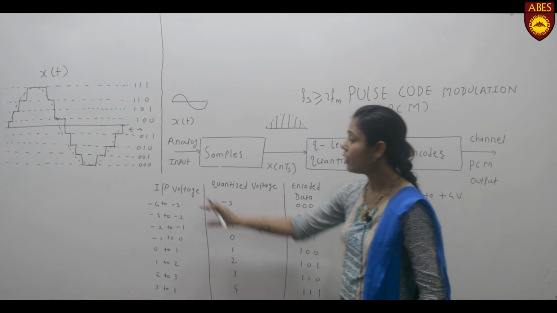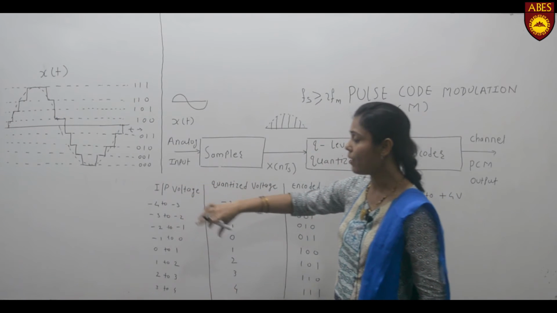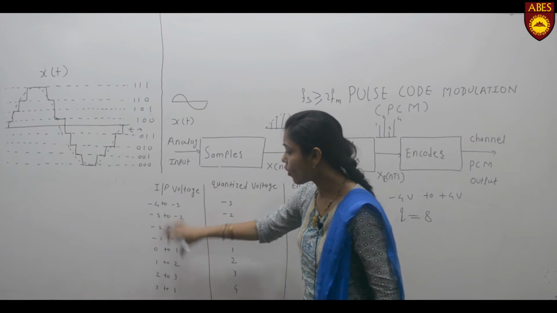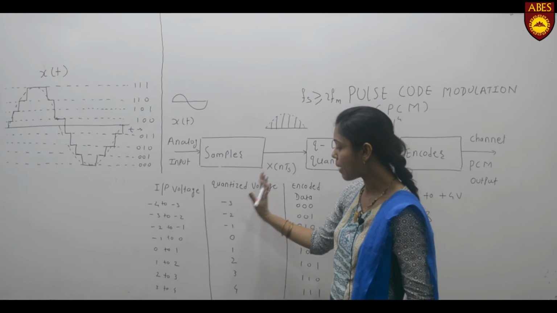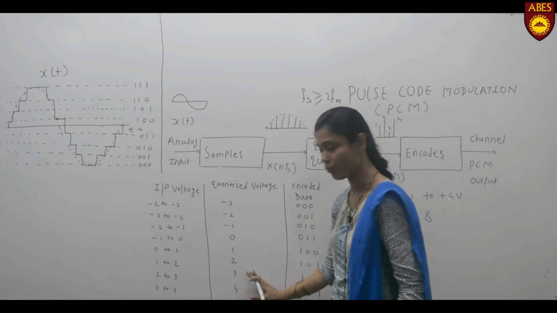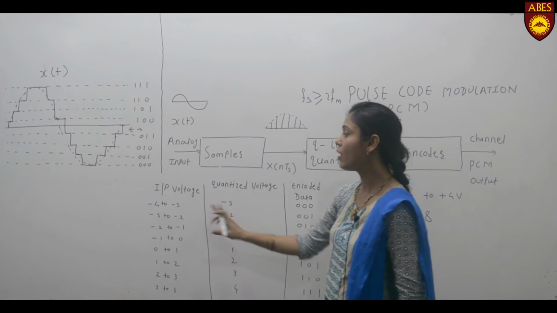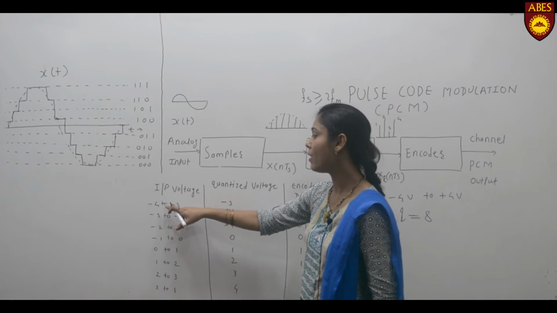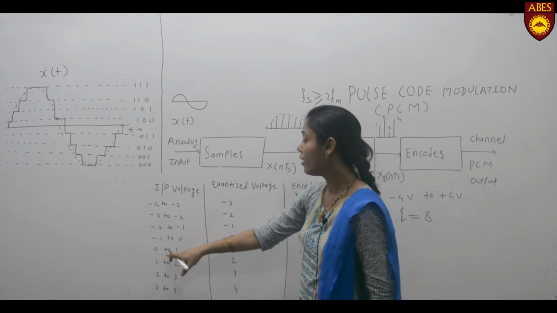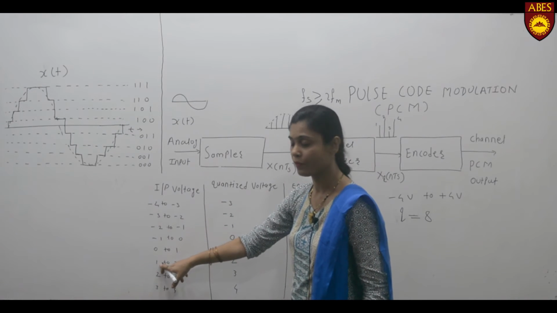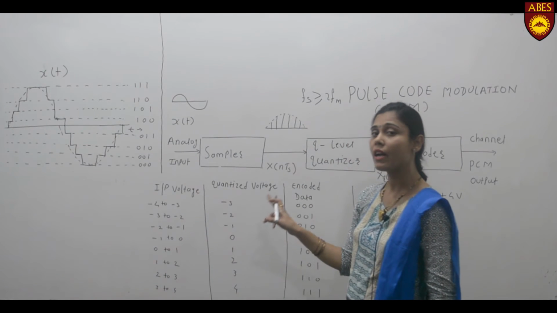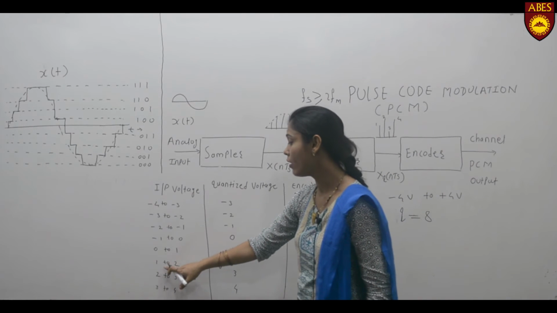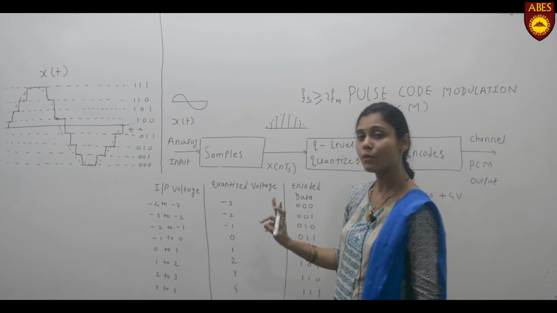So if any sample lies in any range, all these sample voltages are approximated only to these values. For example, if there is a sample having an amplitude of 1.2 volt, what is the quantized voltage for that sample?